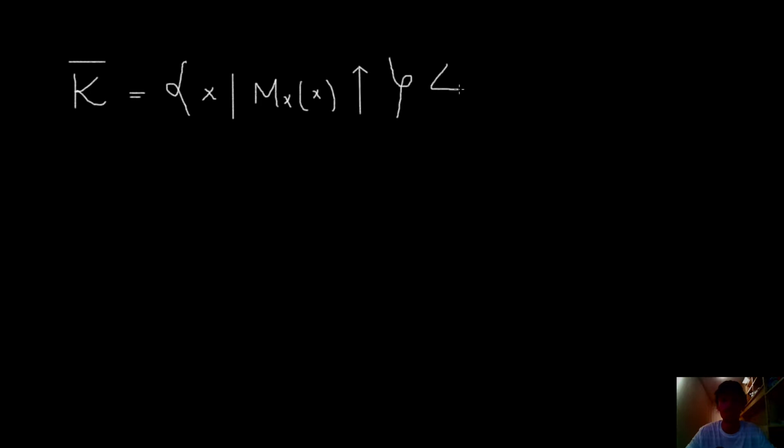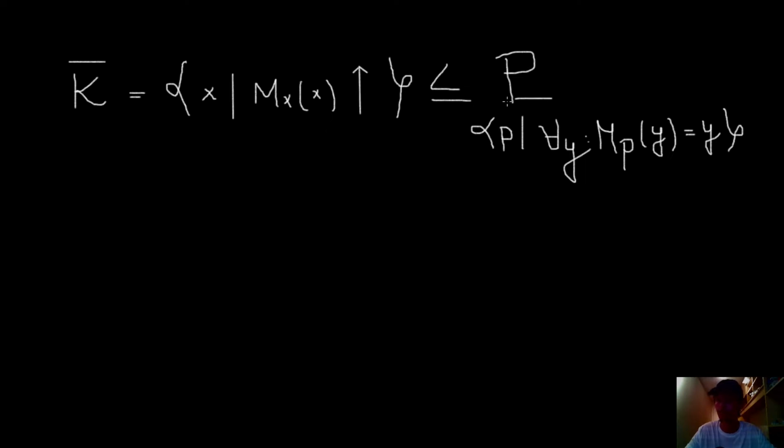And then we have to reduce this set, this problem, to this new one, the problem P. So how can we do that? Well, we have to ensure that if we have an element x that belongs to the set complementary K, which means that the Turing machine x with input x will not stop by definition of the complementary K problem, then after applying the reduction function, this same element needs to belong to P. So basically the output of the Turing machine P with input y needs to be y.